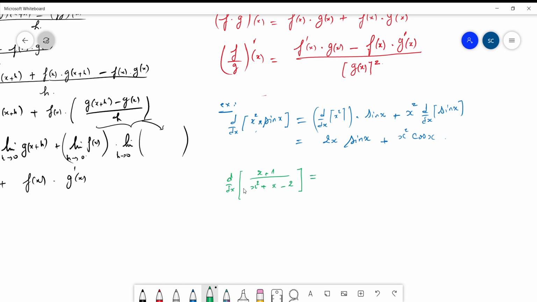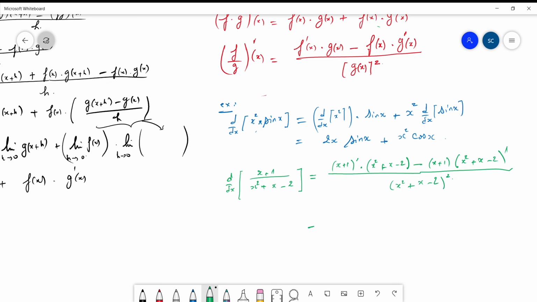I can see it as the ratio of two functions, so I can use this formula. The formula says derive the numerator times the denominator, keep it unchanged, minus the numerator, which is x+1, times the derivative of the denominator x^2+x-2, over the denominator kept unchanged but taken to the power 2.